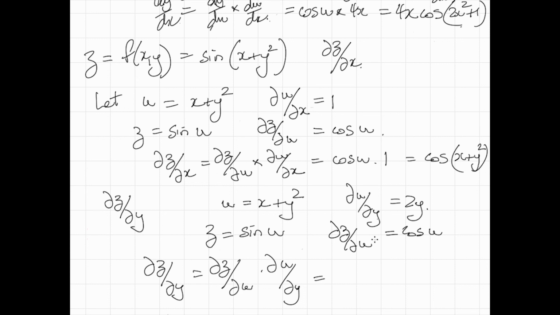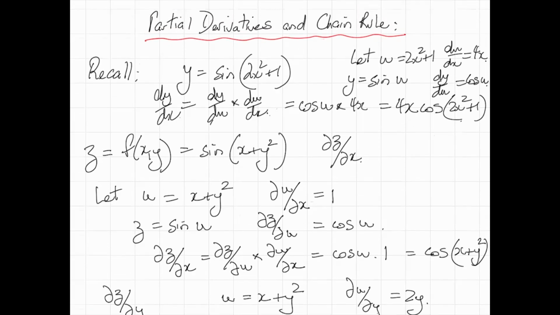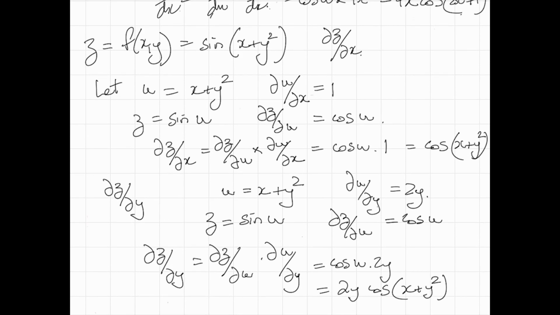So dz du is equal to cos of u, and partial du dy is equal to 2y, and put that in the front, 2y, and then cos, do the back substitution for u, x plus y squared, and put that in brackets because it's the cos of all of that. Alright, so that's using the chain rule for finding partial derivatives.